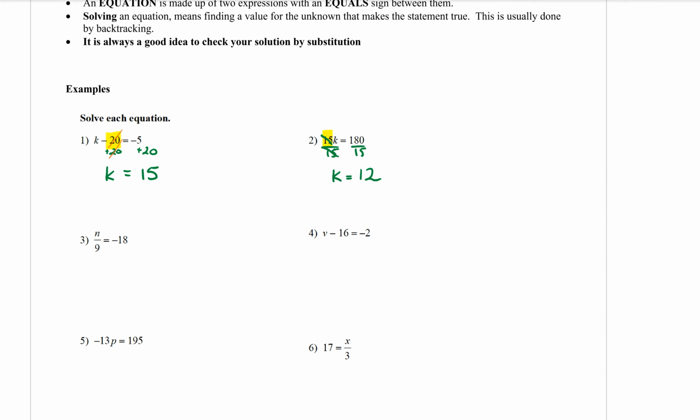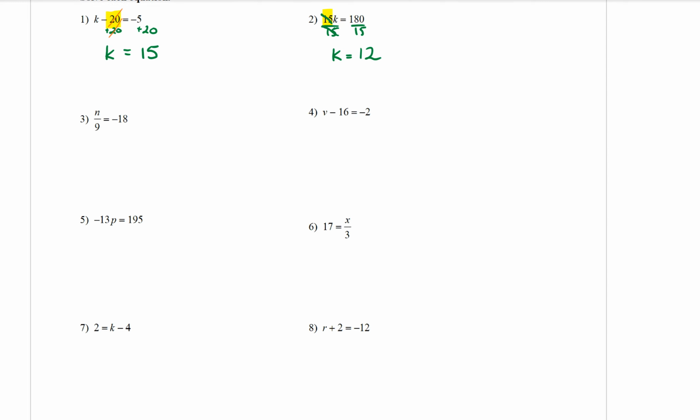I'm going to do it again and again and again. So we're looking for the pronumeral. This time it's n over 9 equals minus 18. So it's the 9, that's the one with my pronumeral that I have to get rid of. That over means divide. The opposite is to times by 9. So we times that, and that means that the 9s on the left there will cancel out.